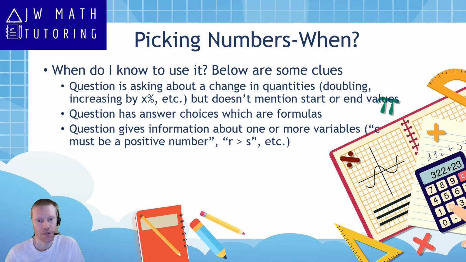Things like C must be a positive number, or given that R is greater than S, where it's telling you something about a variable, but it's not giving you a specific value for it. That's another hint that picking numbers is a good strategy to use.